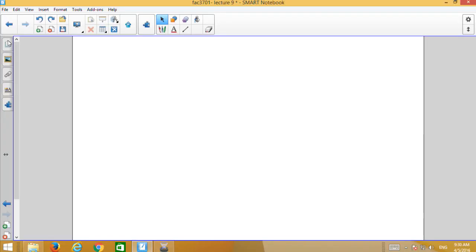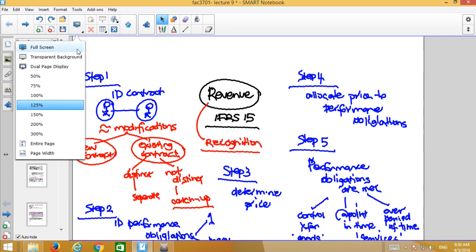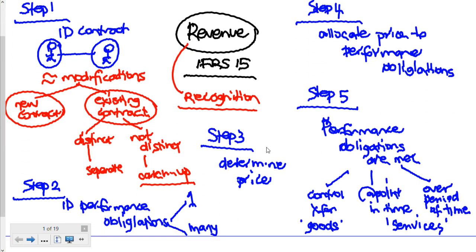Yeah. Okay, so let me go back to the beginning. I just copied all the examples. That's revenue recognition. Step 1, identify the contract. Step 2, identify performance obligations. Step 3, determine price, allocate price, and determine when the obligations are met.